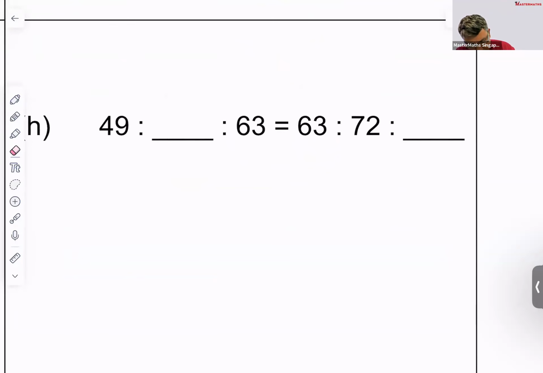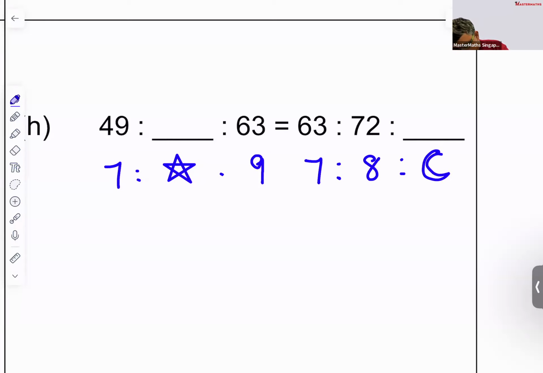So I'm going to divide by 7. Star, 9. This one, I'll divide by 9. 7, 8, crescent moon. So you notice that my star is 8 and my crescent moon is 9.